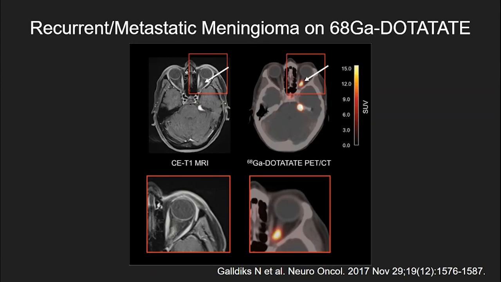And additionally, a metastatic focus is noted in the left cerebellopontine angle. Sometimes these small metastatic lesions may be missed on routine imaging, but you can see on the dotatate fused images that dotatate highlights the lesions very nicely.